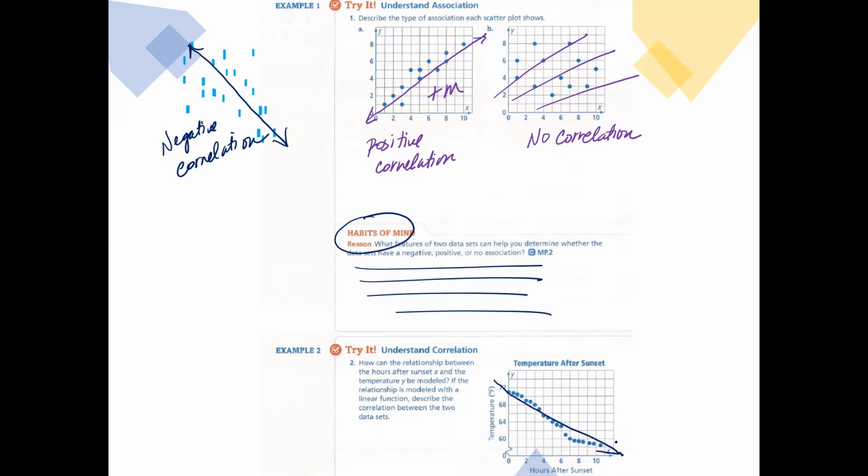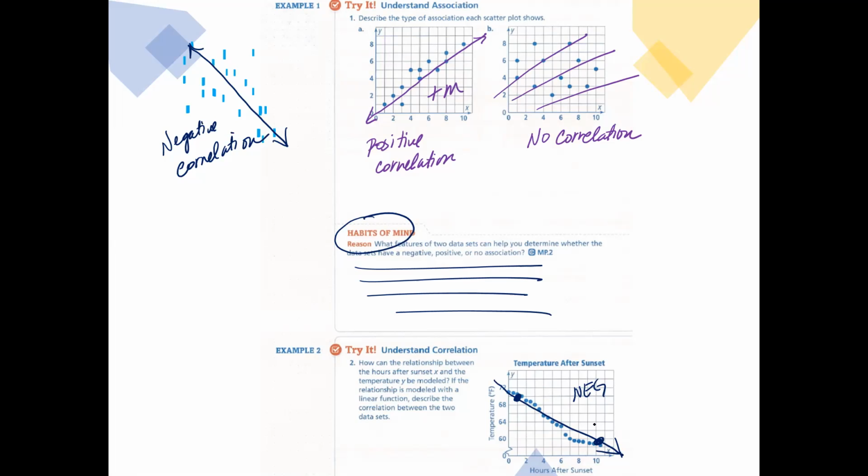If you take a look at this, it is a negative correlation. And you can say something like, well, if it is 1 hour after sunset, the temperature is still fairly high, like in the high 60s. But then as the hour progressively gets longer after sunset, well, what ends up happening with the temperature? It drops down. So this is a negative correlation.